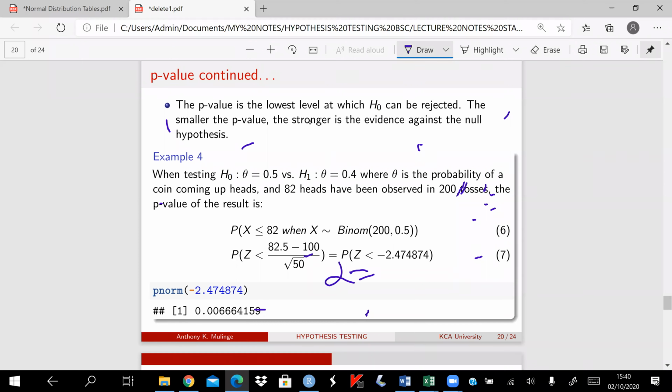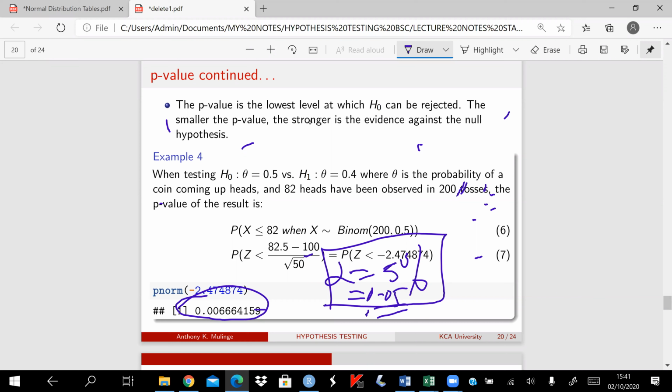What is our alpha? Because in this question we are not told the level of alpha, if we set it at 5%, then you compare this p-value with 0.05. Using those two values, you will say whether the p-value is small or not.